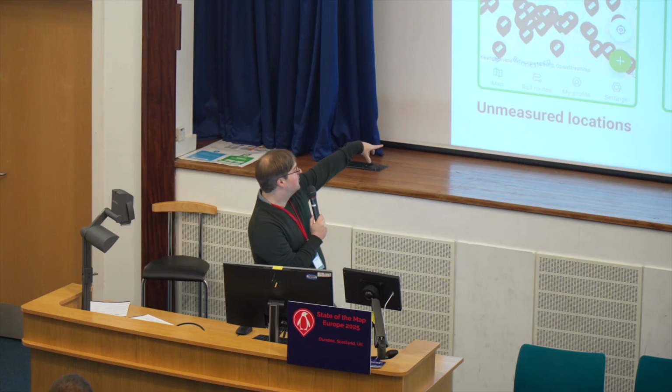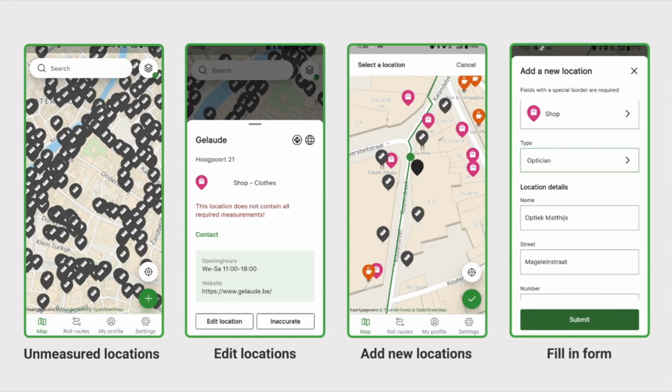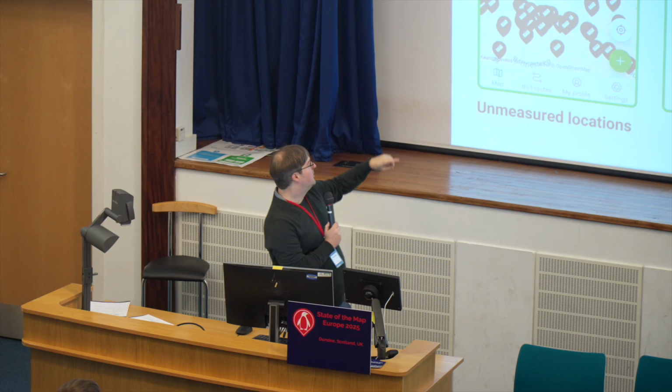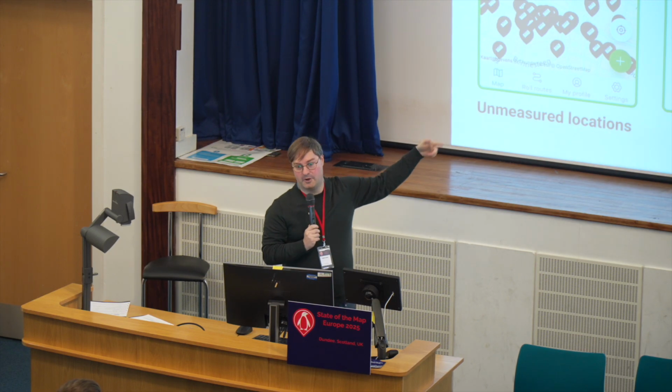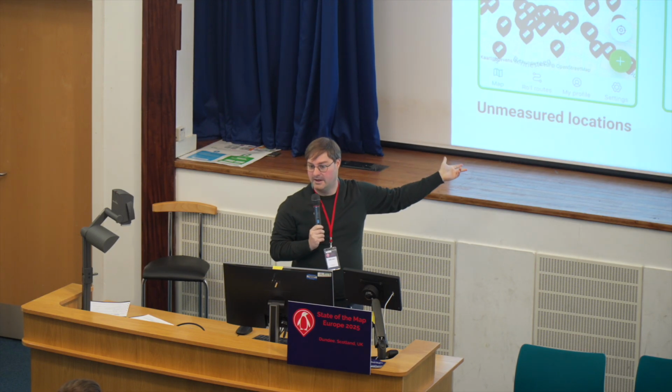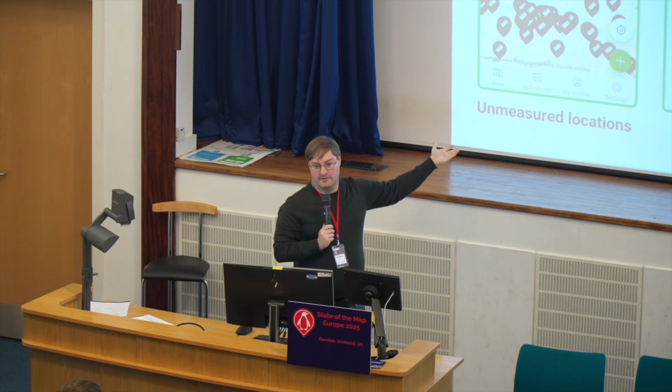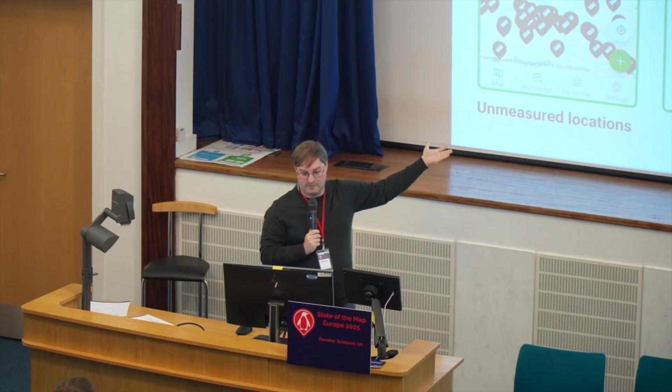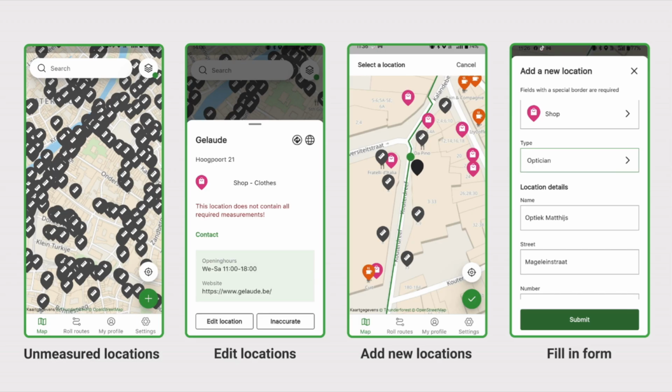What we also do is we have a layer with data from OpenStreetMap, from shops, restaurants, without the tags from the entrances, so we know there's a shop here or there's a cafe here, but the tags are not on it already for the width and the height.